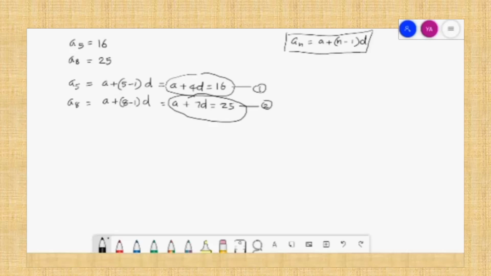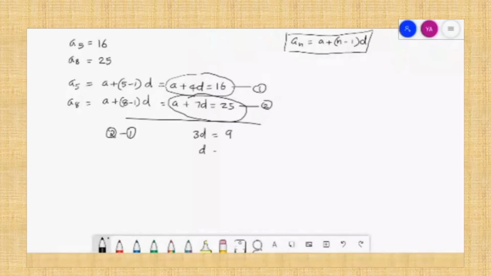If we subtract equation 2 minus equation 1, what will you get? a minus a is 0. And it is 2 minus 1, not 1 minus 2. So 7d minus 4d is 3d. So 3d = 25 minus 16, which is 9.